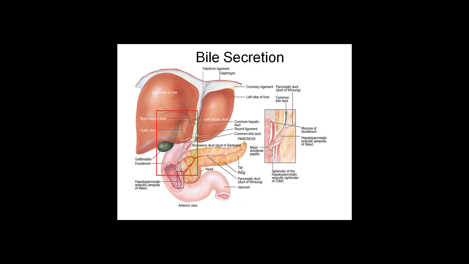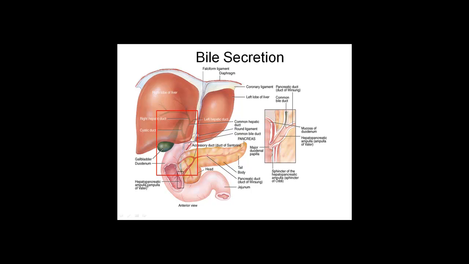So anyway, the bile is going to be made in the liver, and it's going to be stored in the gallbladder. But you can see the progression. You have this hepatic duct going down, and then it's joined by the cystic duct, and then it enters into the duodenum here, in union with the pancreatic ducts.